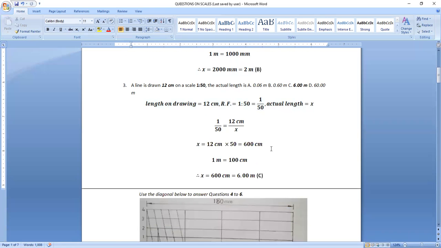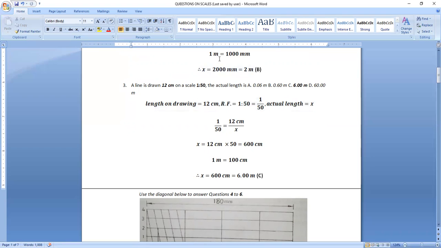Okay, then going forward, we have question 3, which says that a line is drawn 12 centimeters on a scale 1:50, and the actual length is... so they also want us to calculate the actual length here. Now, length on drawing is 12 centimeters, and RF is 1:50, which is also the same as 1 over 50. Then actual length is represented with letter X here.